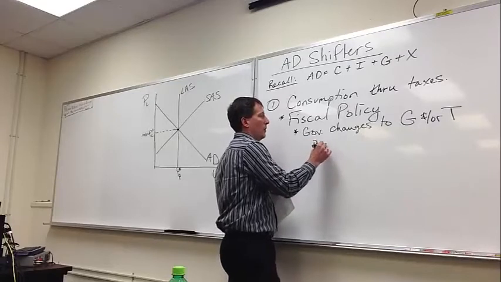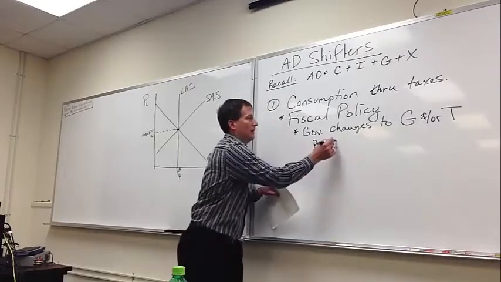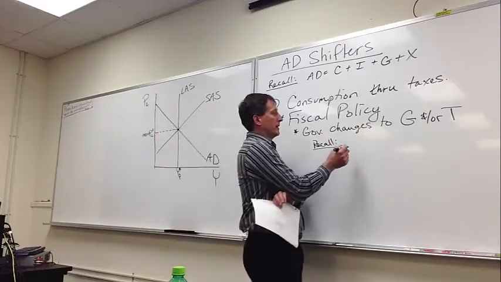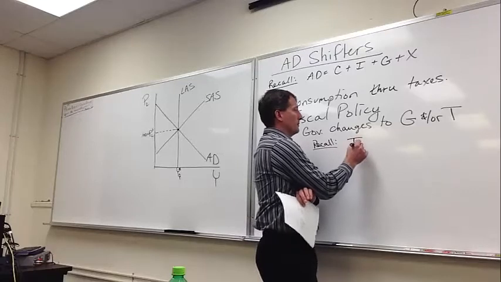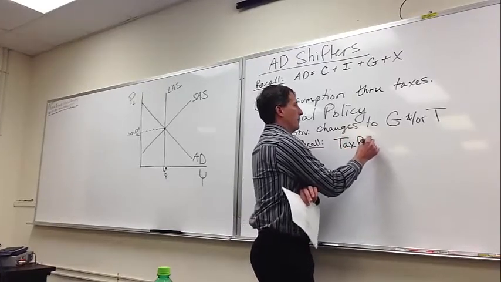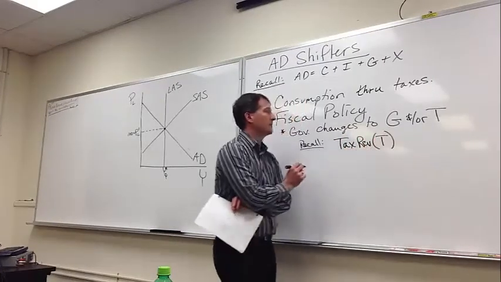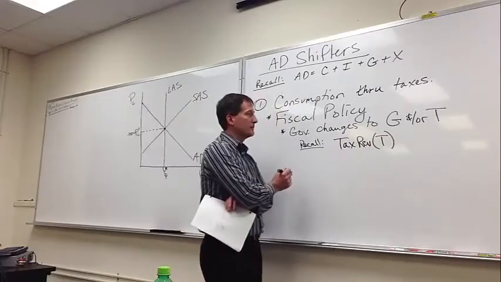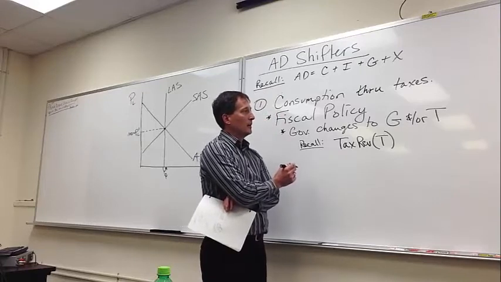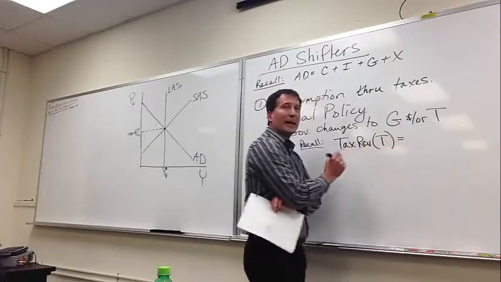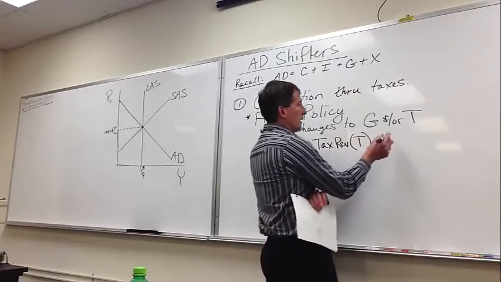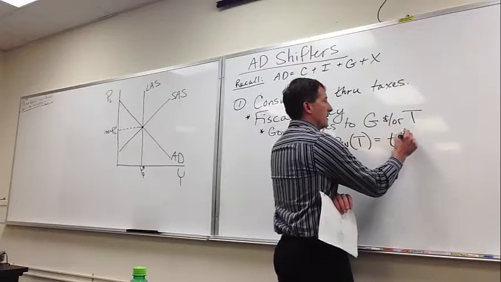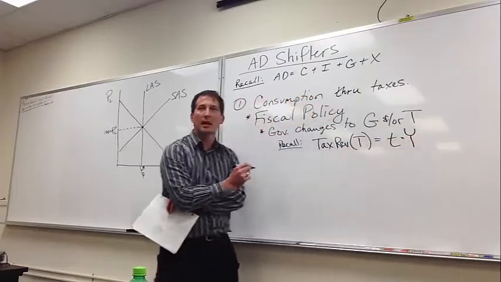So when we talk about T, we've got a big T and a little t. Tax revenue collected, kind of like the total tax revenue collected, comes to us from an income tax of little t times our gross income.